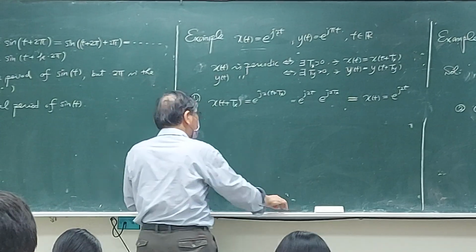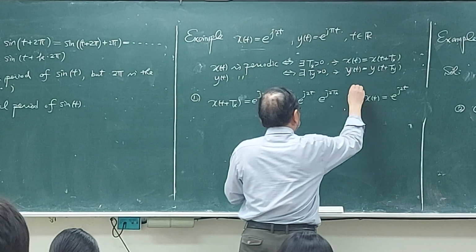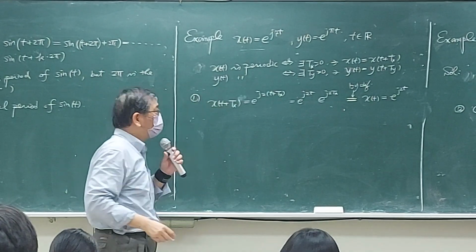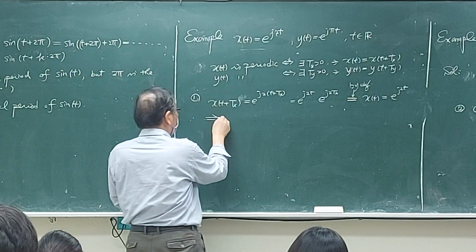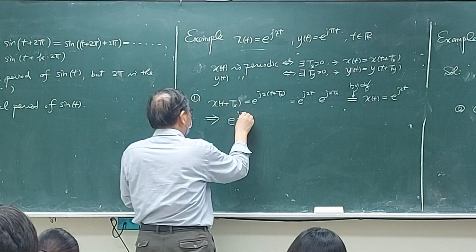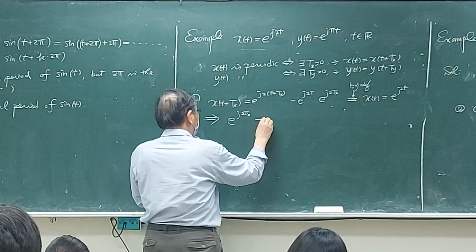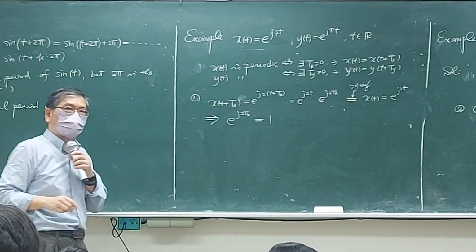So which implies this is my definition, right? So which implies e to the j 2 pi T_x equals 1. Right?